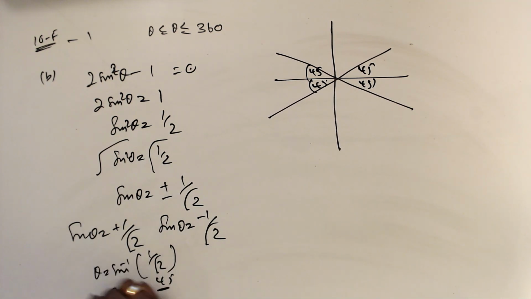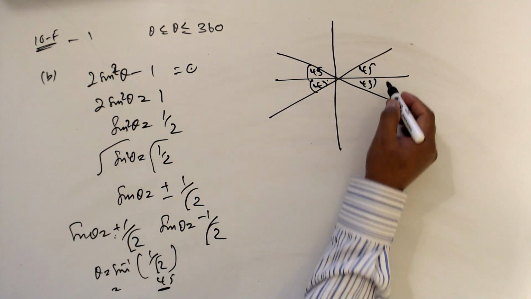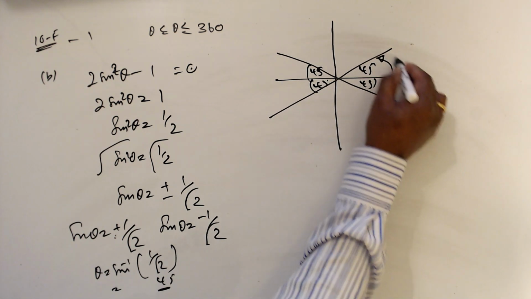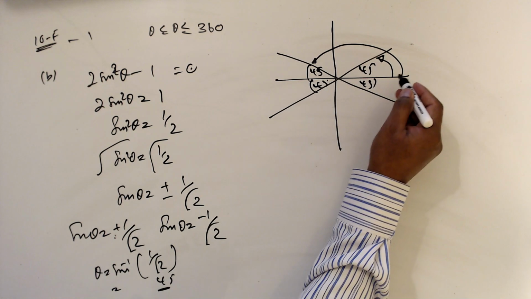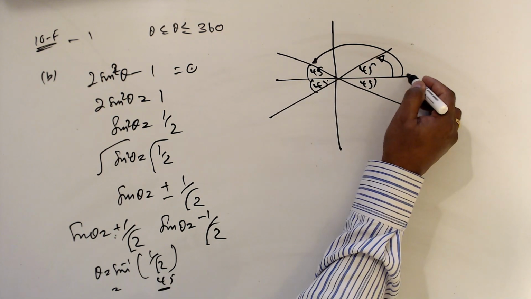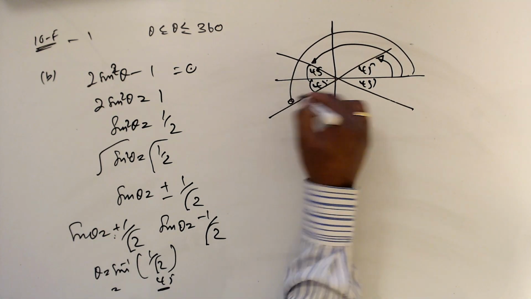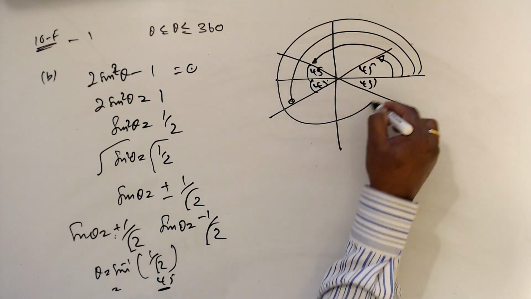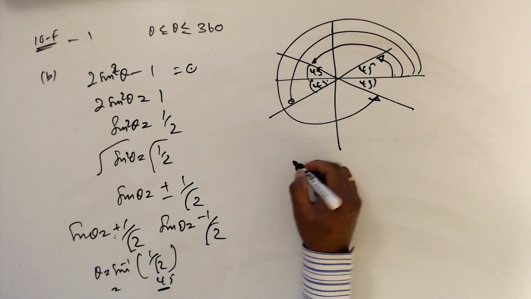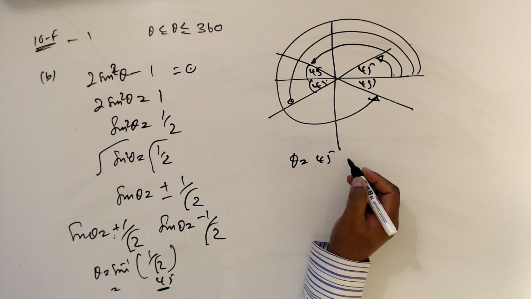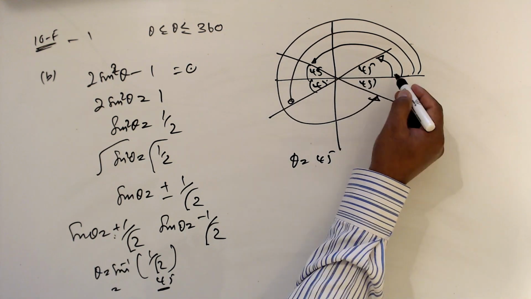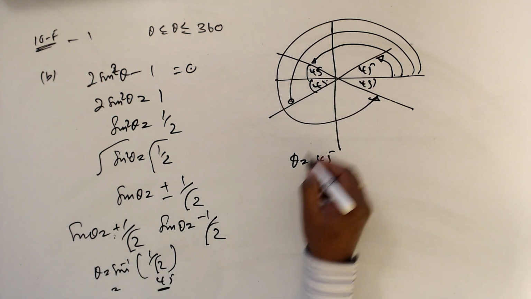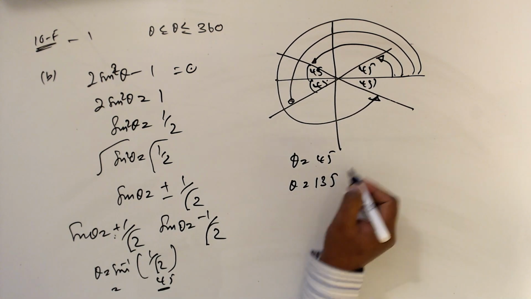For this equation, sine is positive. It means this one and this one. For this equation, sine is negative. Then this one and this one. So the first one is theta equal 45. The second one is theta equal 135.